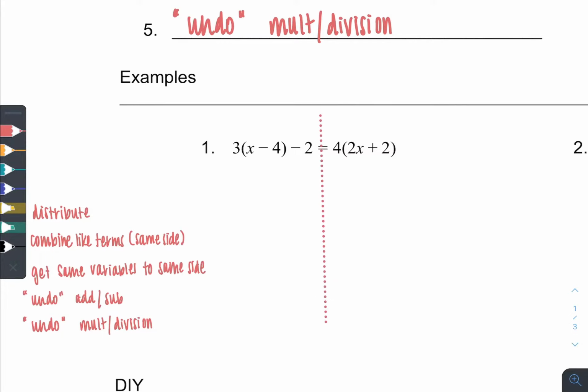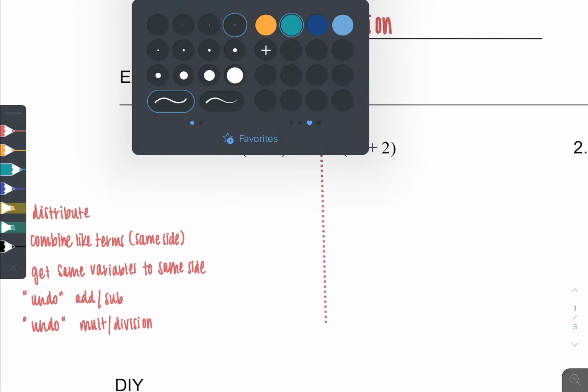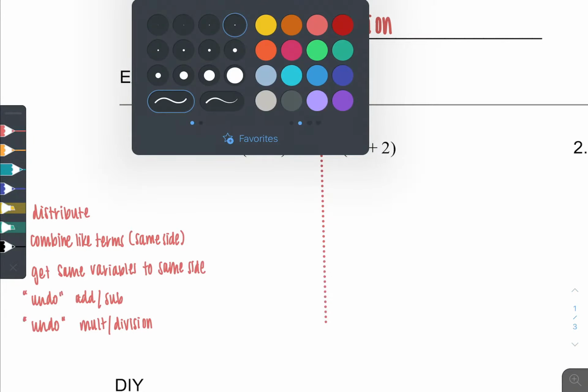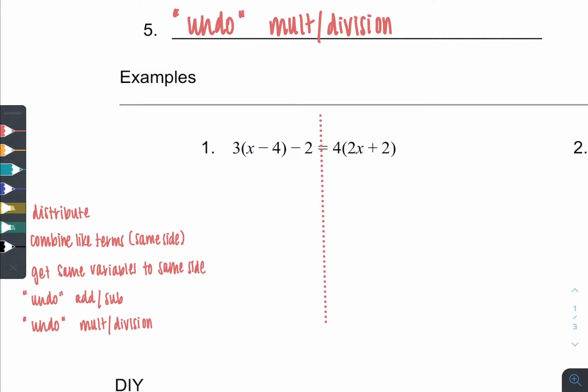It's not quite straight. There we go. Because if I do it to one side, I have to do it to the other, remember? And then also, we don't want to move anything over without using our mathematical processes.